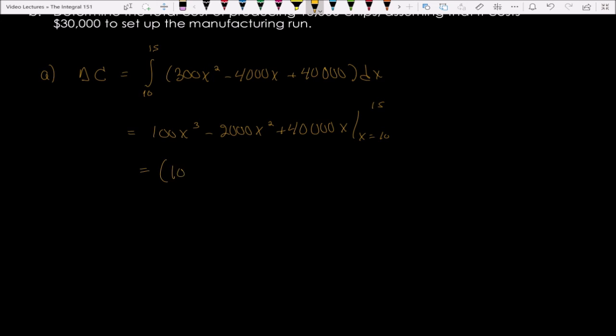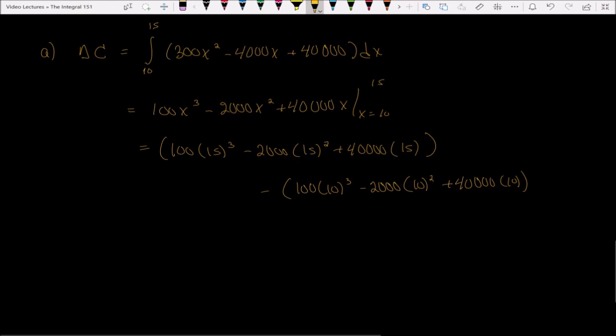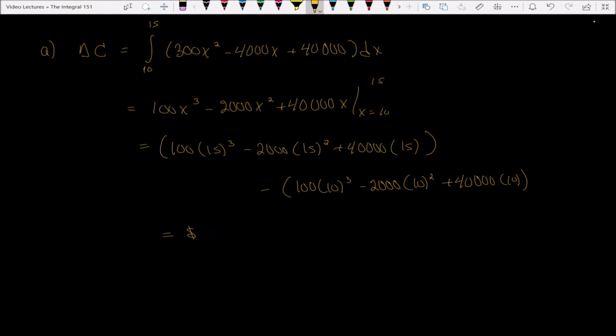So we will have 100 times 15 cubed minus 2,000 times 15 squared plus 40,000 times 15, then minus 100 times 10 cubed minus 2,000 times 10 squared plus 40,000 times 10. And that evaluates out to $187,500.